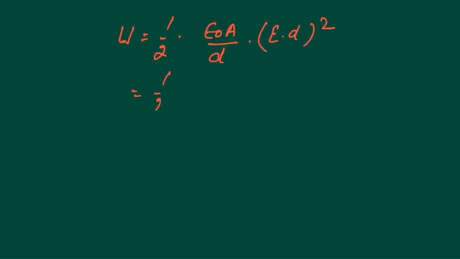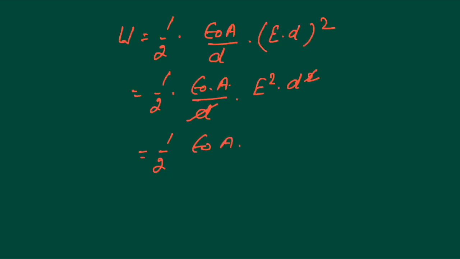This is equal to half epsilon naught A upon D into E square into D square. This is cancelled out, leaving epsilon naught A into E into D. Here A into D is the volume between the plates.